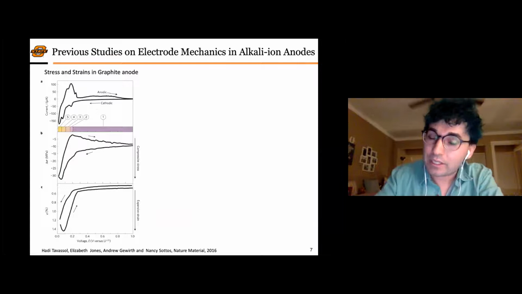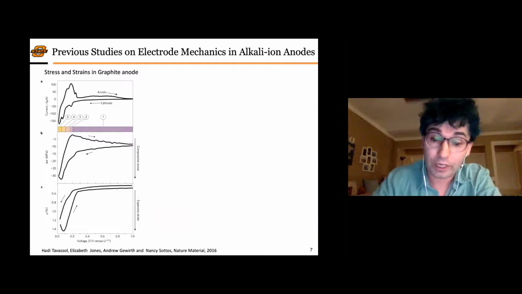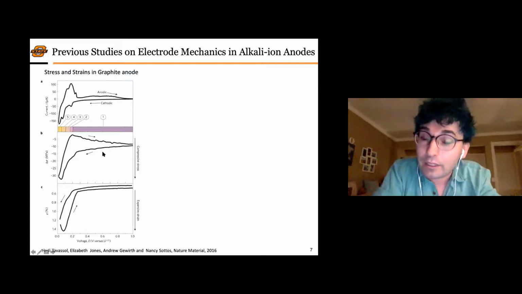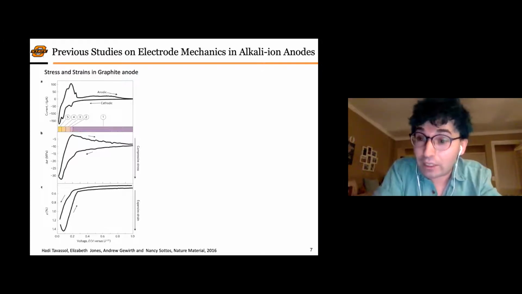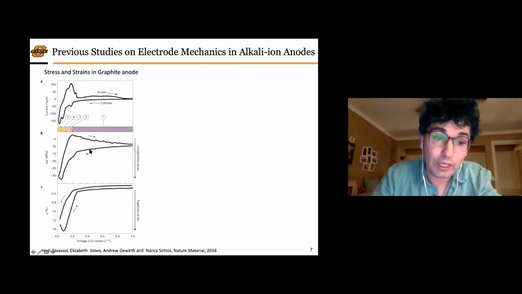These stress and strains were previously studied by various groups, especially Brown University and also UIUC. In this case, I'm showing you the response of graphite electrodes during lithium intercalation. Here, the first panel is current, the second is stress, and the third is strain.